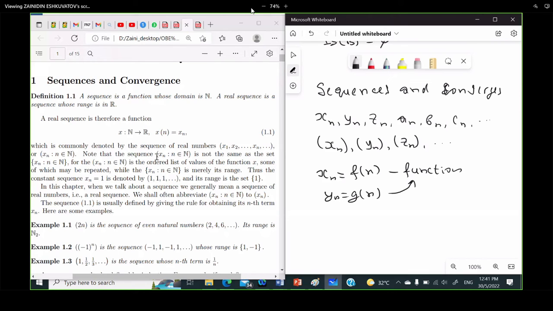Note that showing the notation with where n starts is more complete, because if I say just xn, n varies from where? Maybe from one, maybe from two, because later on you will see there are many cases where we can skip or add or reset. So note that the sequence is not the same as the set of xn.